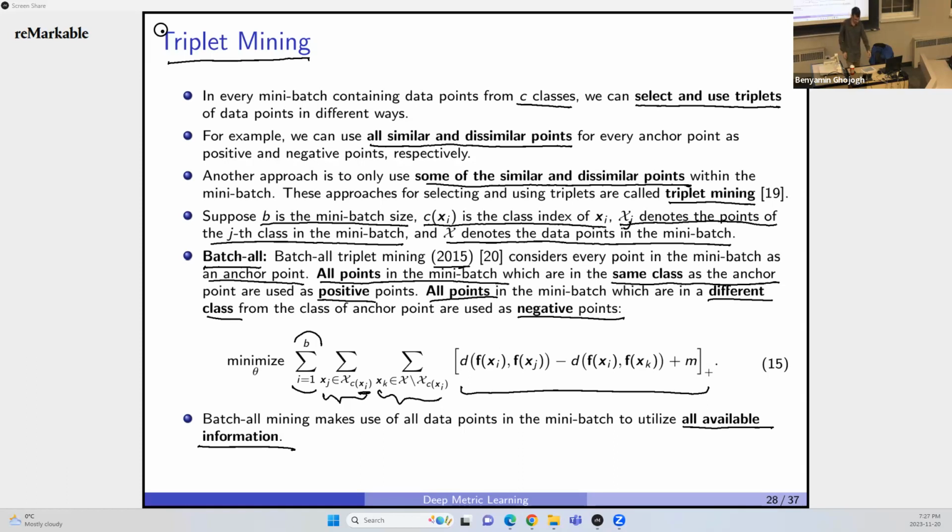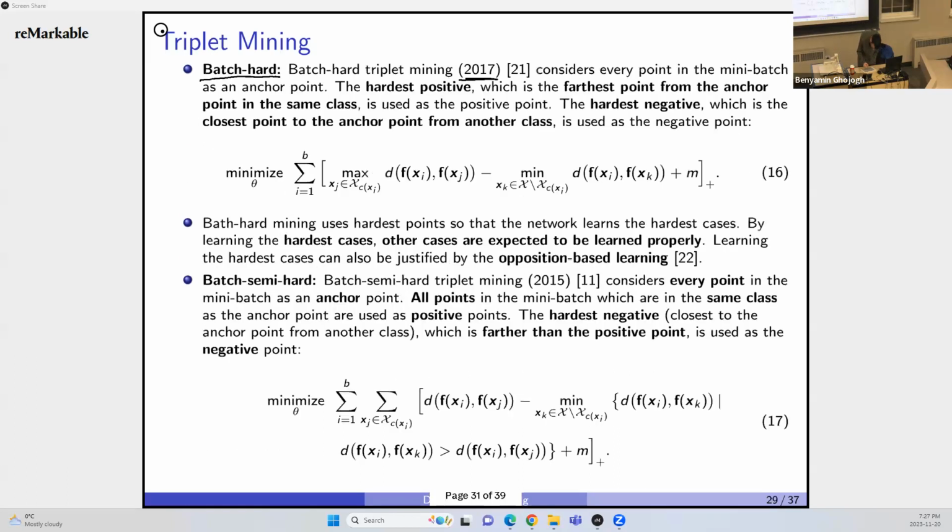And so batch hard is that. Batch hard says consider the hardest positive, which is the farthest point from the anchor point in the same class. By the way, when I say farthest point in the input space, it is equivalent to the farthest point in the embedding space. Agree? Because usually when a pattern is far away in the input space, in the embedding space it will also fall far away from it.